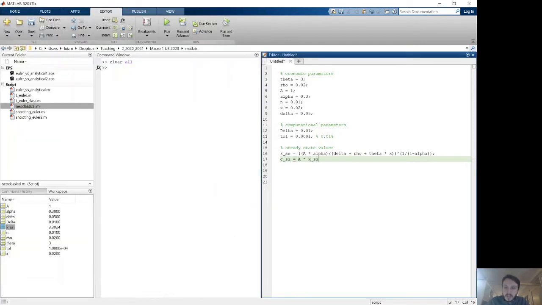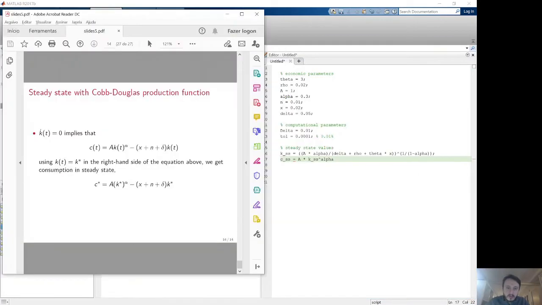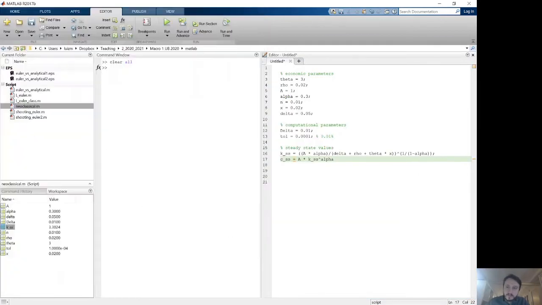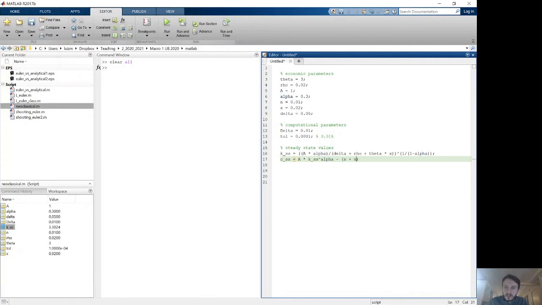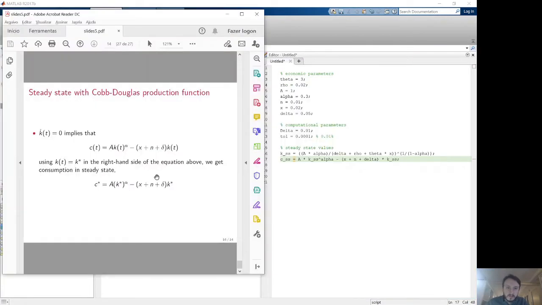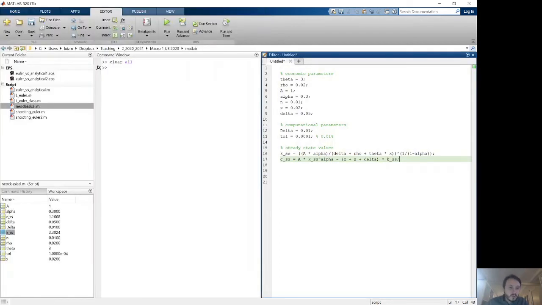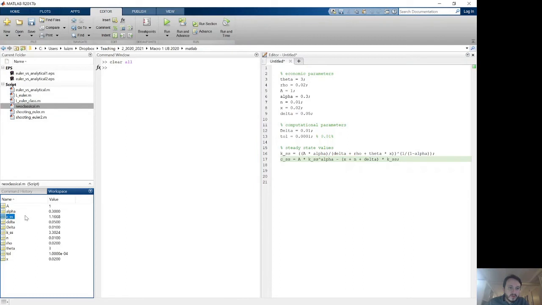A times K in steady state to the power of alpha, minus x plus n plus delta times K in steady state. That's it. So I run it, and then we have consumption in steady state equal to 1.1.